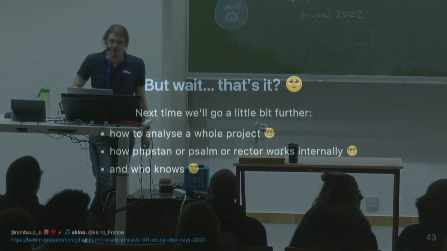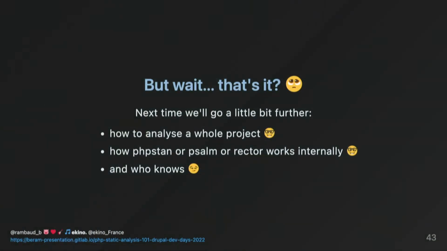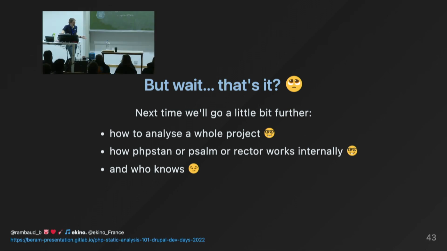So, if you want to know more about how static analysis works, you can check my blog. I will add some articles later to go further on this. But I also have other talks about it. If you have any questions, there's a lot of things to check on this. The documentation of PHPStan or Psalm, even Rector, is really easy to read. They decompose everything, even AST stuff and everything.